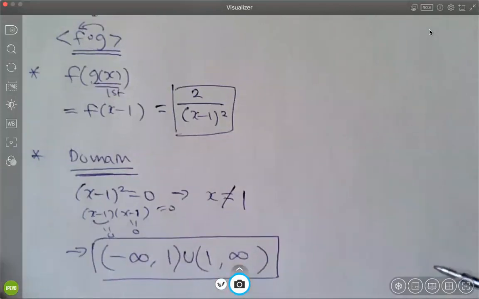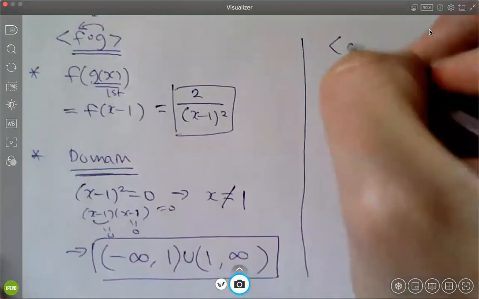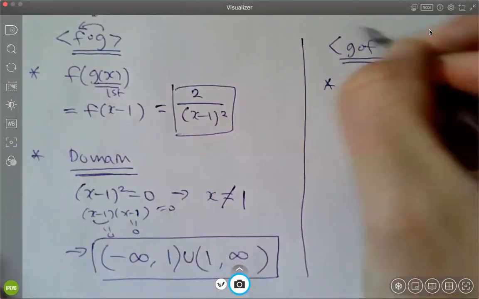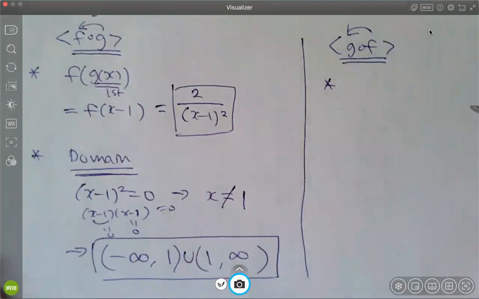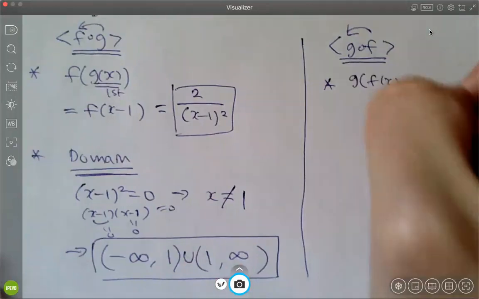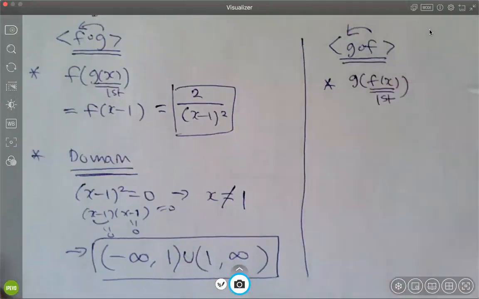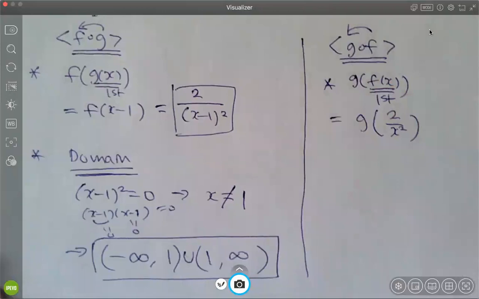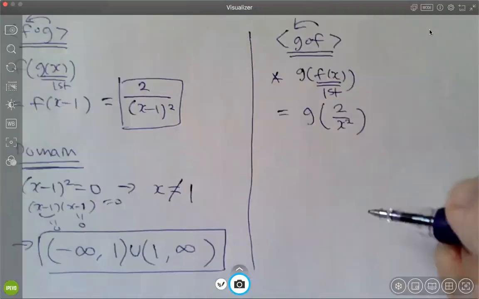And now go backwards, g circle f. This means we plug f into g. So it's g of f of x, which means we do f first. So what is this? g of 2 over x squared. What does that mean?